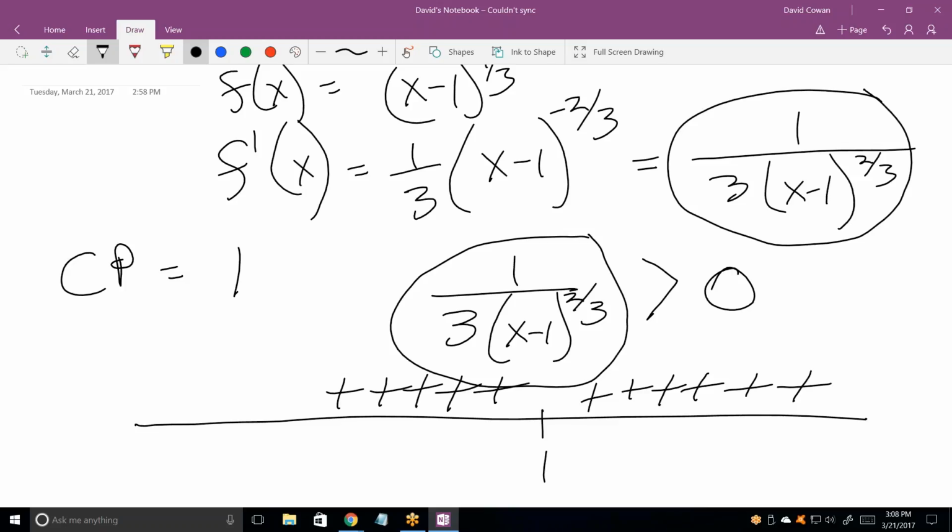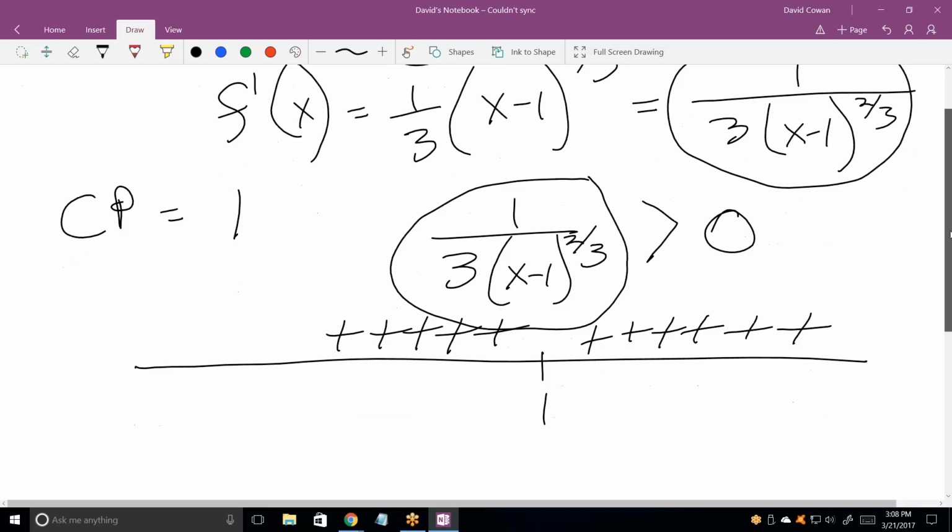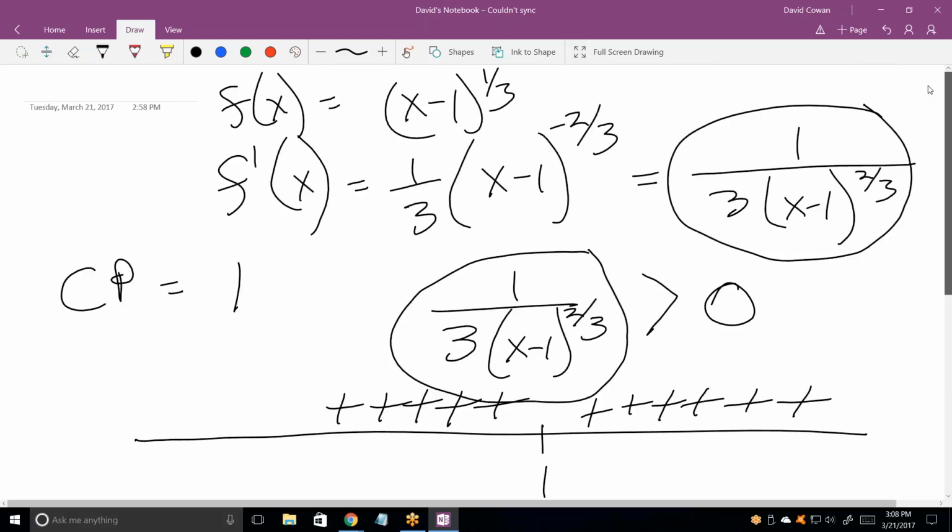So this function looks like it might be increasing across its entire domain, although I would be reluctant to say that because of what we just talked about.